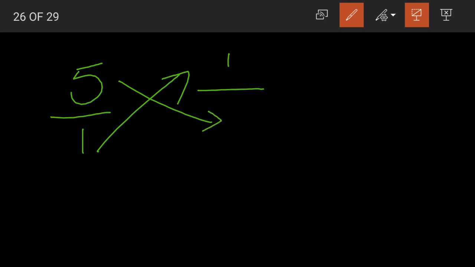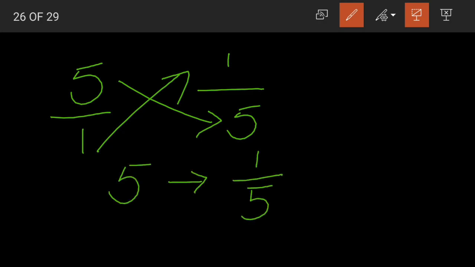So, when I have the integer 5 with the denominator 1, its reciprocal becomes what? 1 comes up and 5 goes down. The reciprocal of 5 is 1 by 5. So, when I multiply 5 with its reciprocal 1 by 5, the answer should be 1.